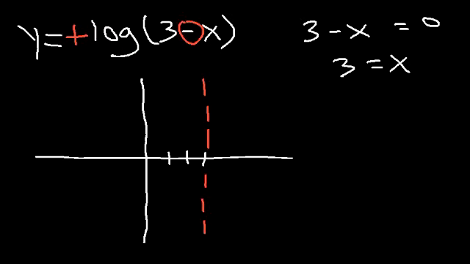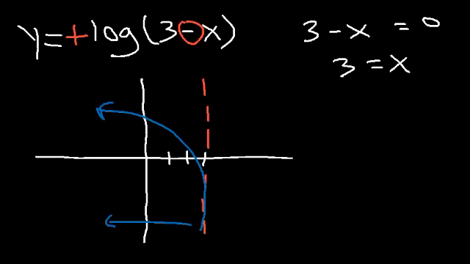X is negative towards the left side. Y is positive as you go up. So therefore, this graph is going to go towards quadrant 2. So it's going to start from the asymptote and go towards quadrant 2, where x is negative and where y is positive.